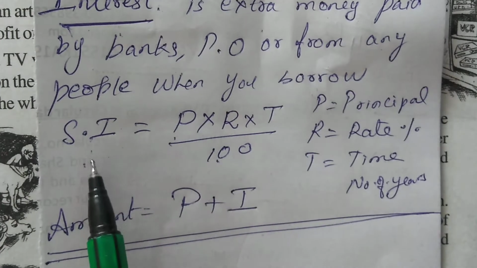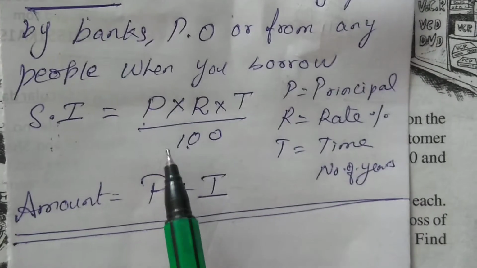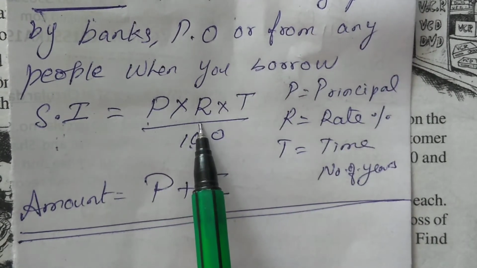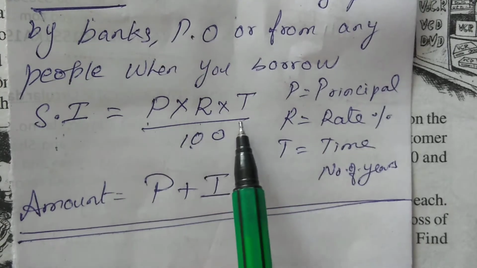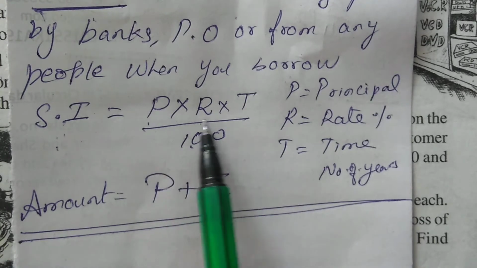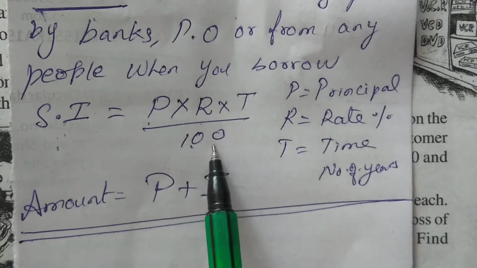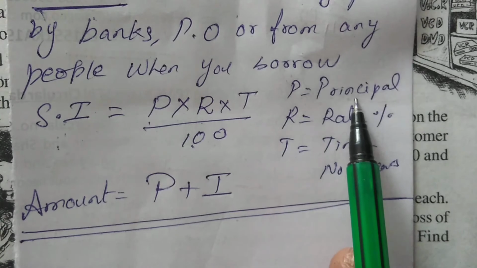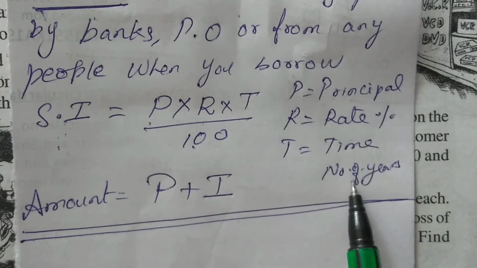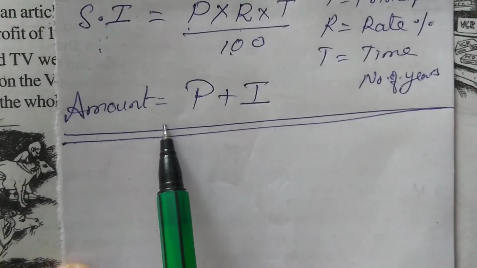Simple interest, you know the formula: principal into rate of interest R into time T, divided by 100. We say it as PRT by 100. P is principal, R is rate, T is time, and amount is equal to principal plus interest.